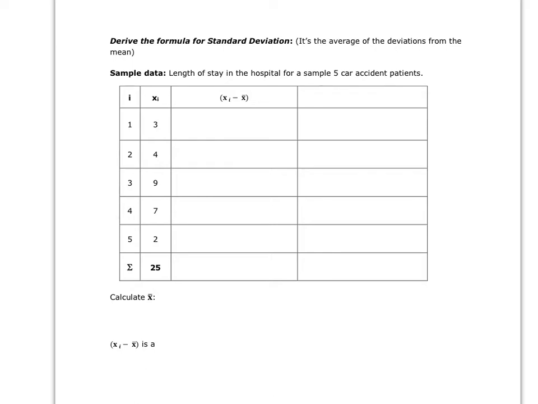So to start off with, let's calculate X bar. For X bar, we're going to want to add up those values of X and divide by the sample size of 5. If we add up those values, it's actually given to us. It's 25 divided by 5, we get a sample mean of 5.